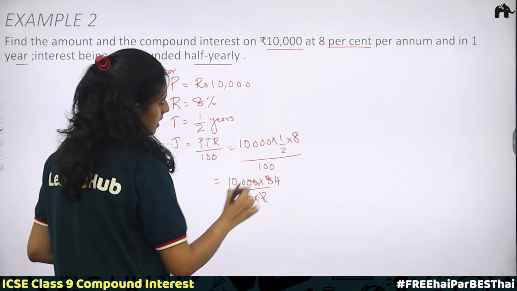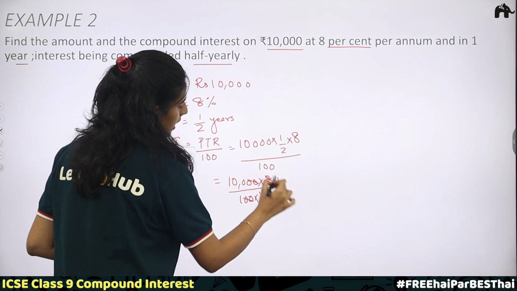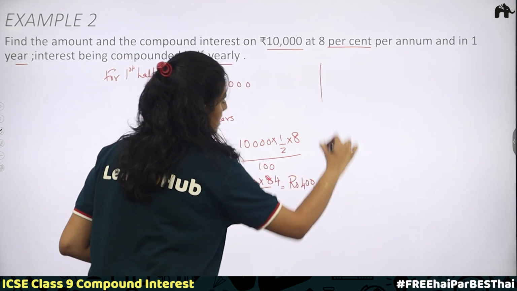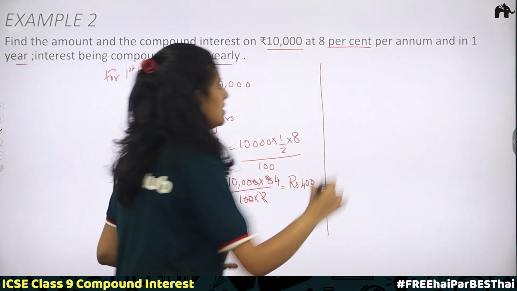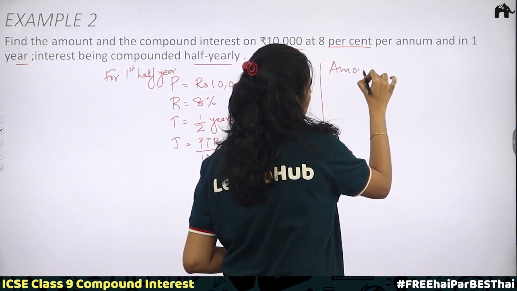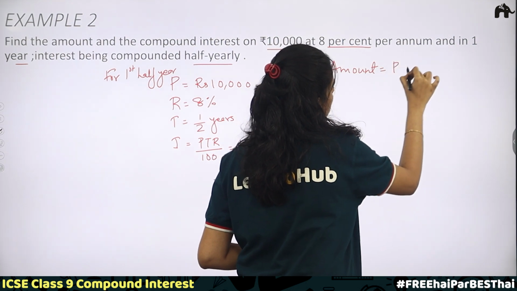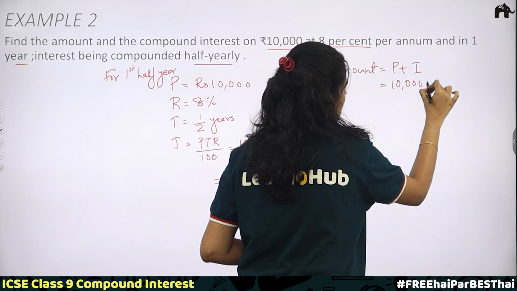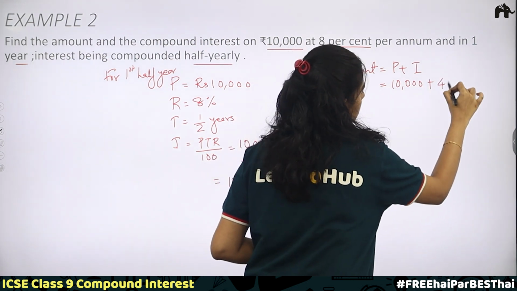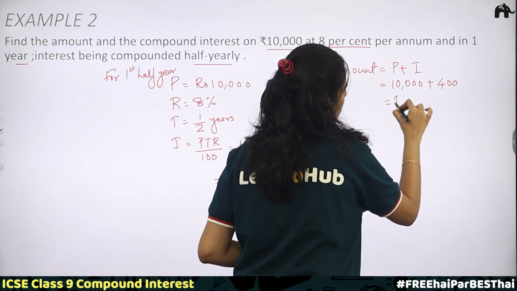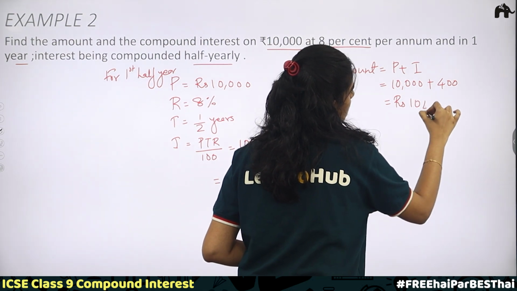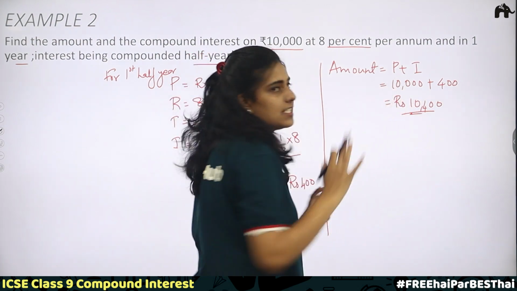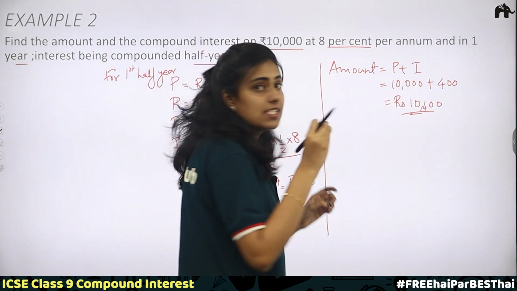Zeros can be removed. 100 into 4, which is equal to rupees 400. So here the interest is rupees 400. Now what is the amount? Amount will be equal to principal plus interest. Here the principal is 10,000 plus the interest is 400, which is equal to rupees 10,400. Okay, so we got the amount at the end of the first half year, that is after the end of 6 months.